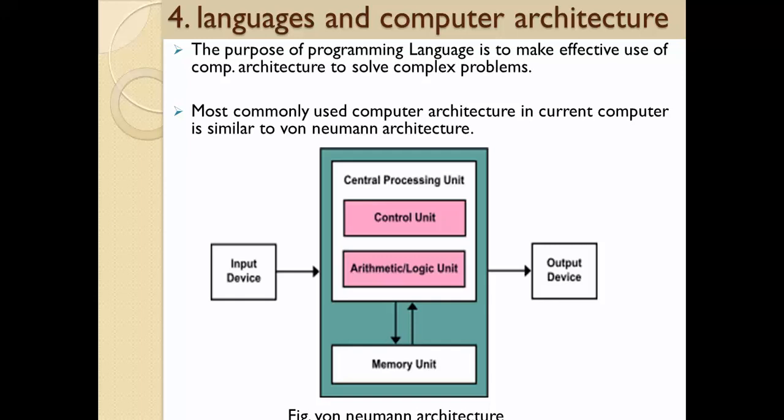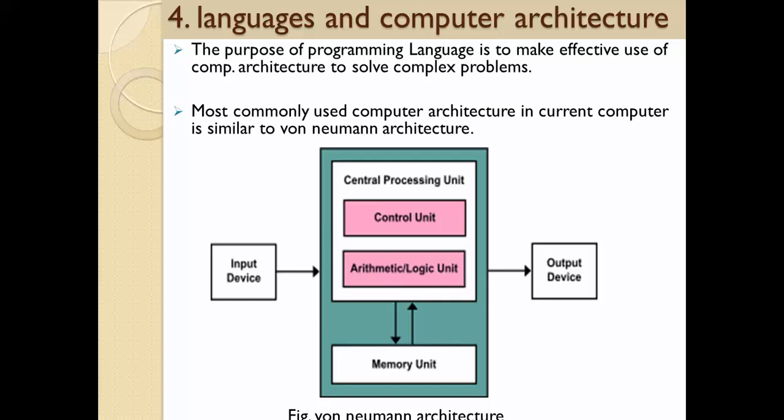We can also say there is a memory unit, and the central processing unit has the control unit and the arithmetic logical unit. These are the components which come under the CPU. Each component has its particular task which is performed during the execution of your program.